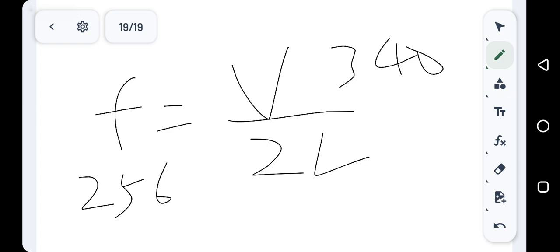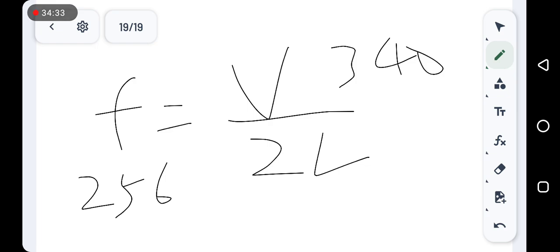If we use 4 to solve, we are solving for closed pipe, but if we use 2L, we are solving for open pipe. Okay, so that is it for closed and open pipe. Now let's go to another question.